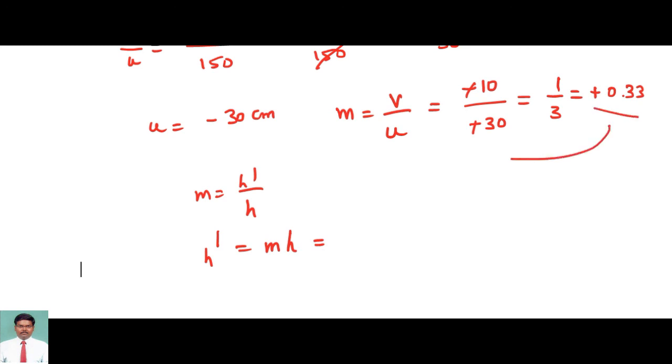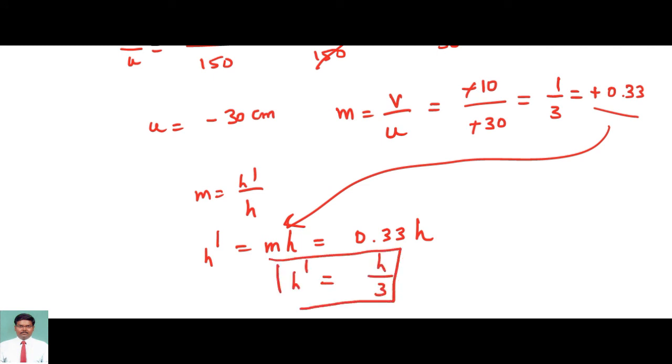Substituting, I am getting 0.33 h, or it can be written as h by 3. So h prime equals h by 3. The image height will be exactly one third of the object.